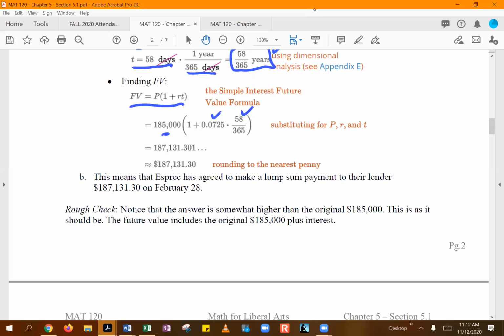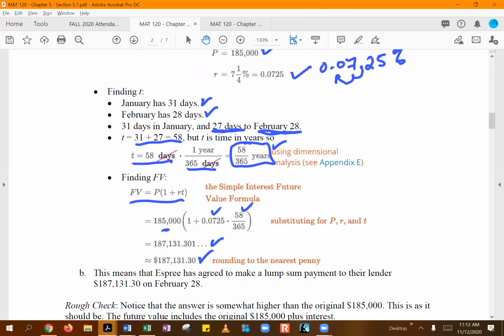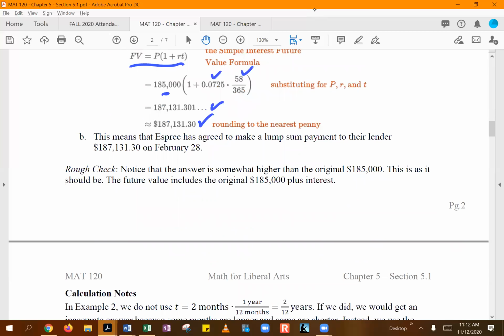Just throw all of this into your calculator, and we end up getting a future value, rounded to the nearest penny, of $187,131.30. And now, of course, we borrowed $185,000. So you can see you're actually paying an interest of $2,131.30. So this is going to be how much interest we have to pay.